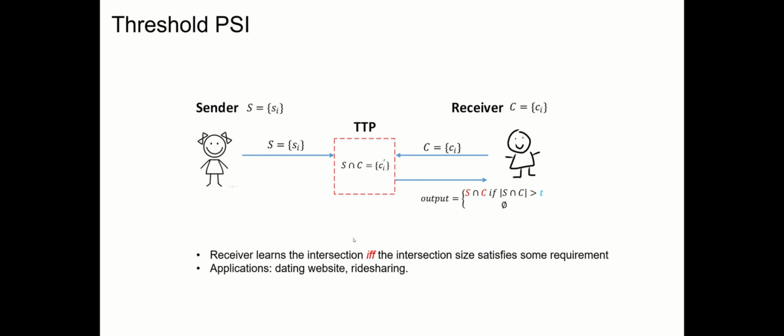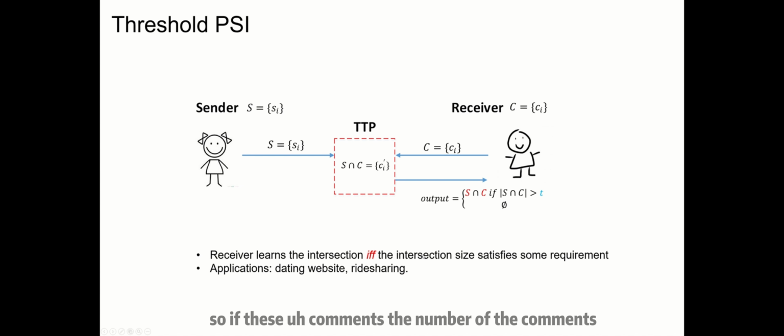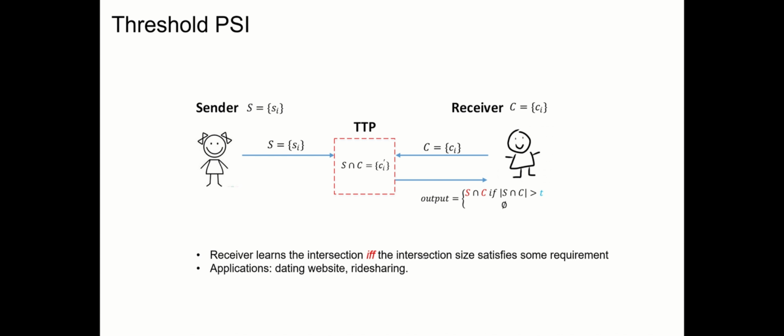For example, they have the same favorite food, the same favorite movies, books. So if the number of the commons exceeds some threshold value T, then the website thinks that it is a perfect match. However, the privacy concern here is that the man and woman, if they don't have much in common, don't want to reveal much about their individual interests.